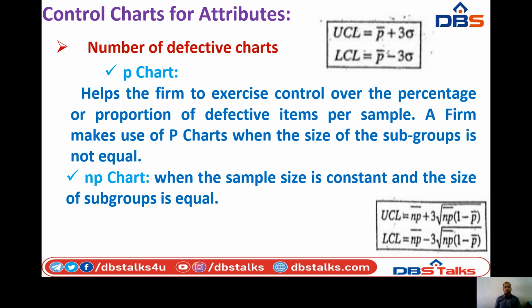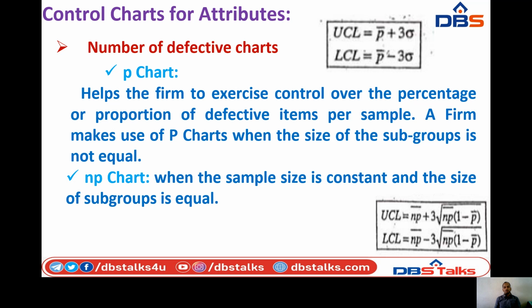The number of defective charts are further classified into two models: the P chart and the NP chart. So control charts are classified as per variables and as per attributes. For variables we have three: mean, range, S, that is X chart, R chart, and S chart.